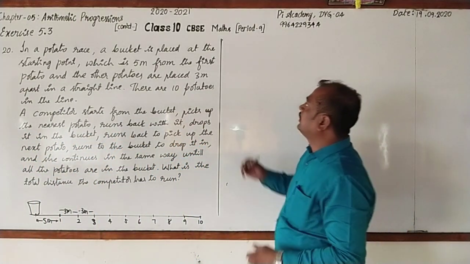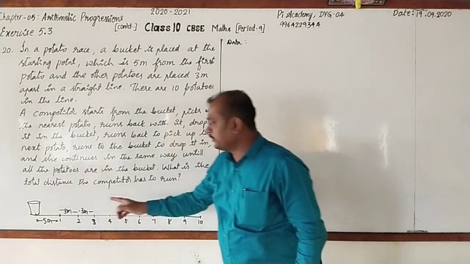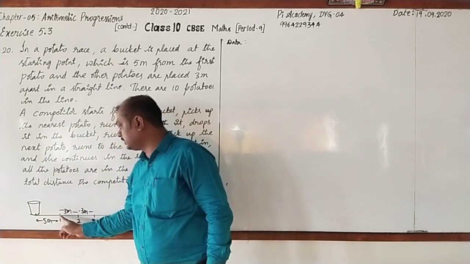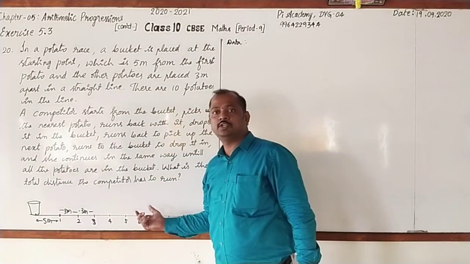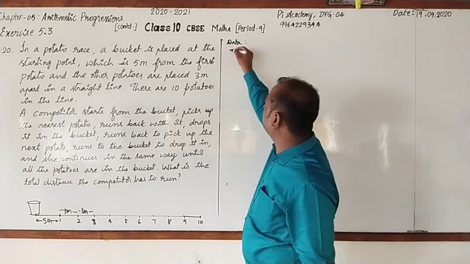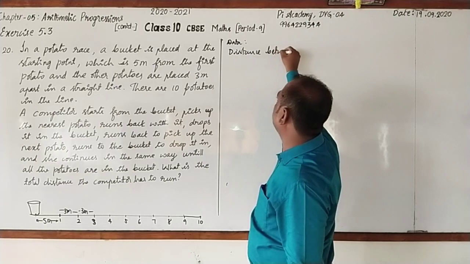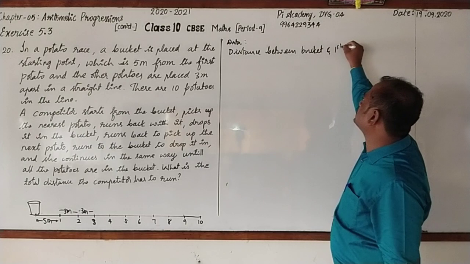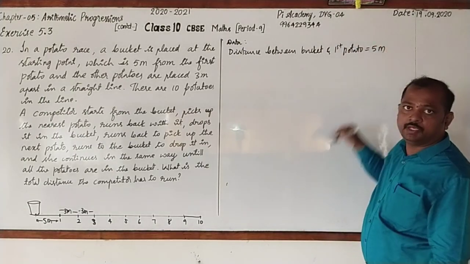Here, let us write the data. Now, I'll write the distance between the bucket and the first potato. It is 5 meter. The distance between consecutive potatoes is 3 meter. You can also copy with me. Distance between bucket and first potato is how much? 5 meter.